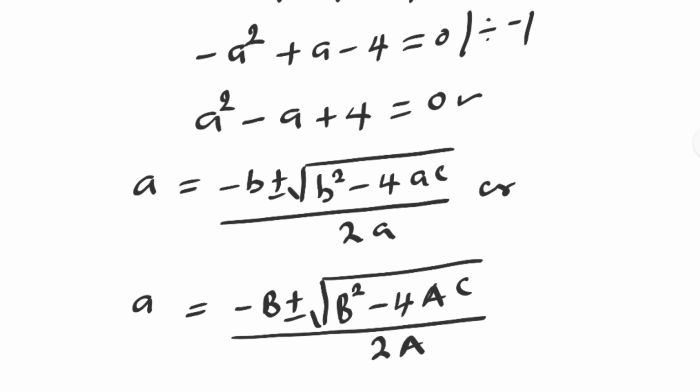And from this equation, A is equal to 1, B is equal to negative 1, and C is equal to 4.